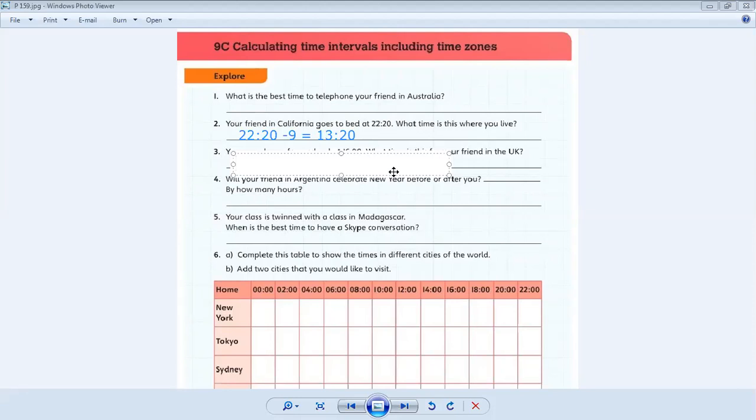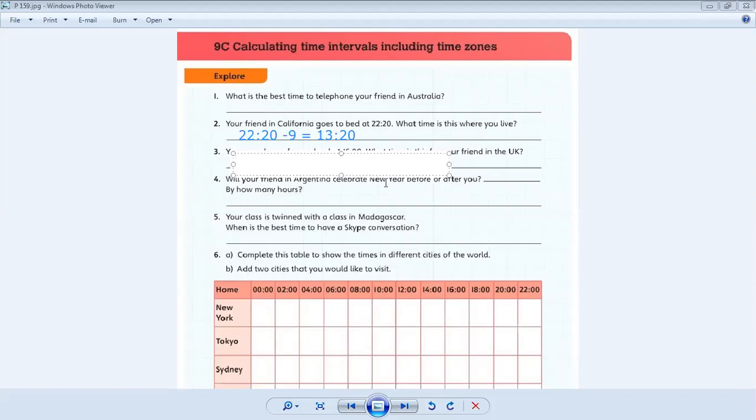You need to check the time zone. Why didn't you write in your notebook how many hours difference between the countries? UK and Libya, just 1 hour. Yes, I found it. The UK is 1 hour later than us.